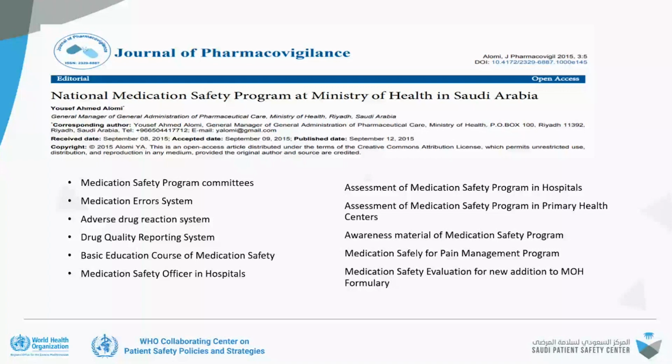We also set up medication error documentation as a reporting system. Any healthcare staff, a pharmacist, physician, or nurse, has to fill in the form and send it to the pharmacy. The pharmacy collects all the forms and makes an Excel sheet at that time, then sends it to the regional committee. They will discuss it.